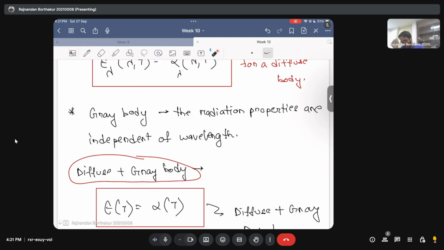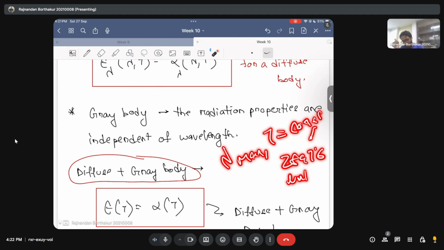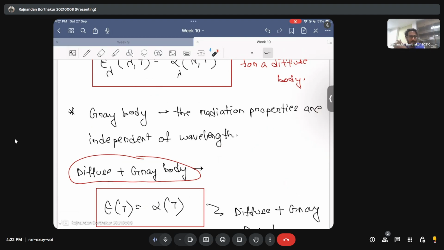The Wien's displacement law was already discussed in the lecture classes. That's why I have not repeated it for the sake of repetition. It just says that lambda max times the temperature is equal to a constant. This constant, I believe, is 2897.6 micrometer Kelvin. If you draw the graph between E_b lambda and lambda, you will get the Wien's displacement law if you connect the peaks of those graphs for different temperatures.